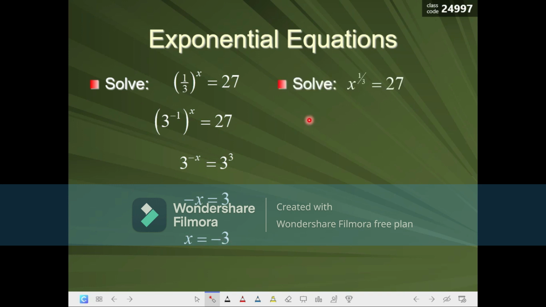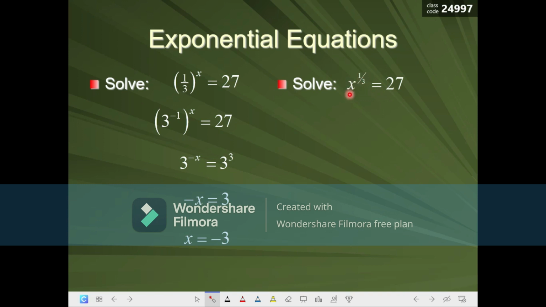Okay, let's continue. x to the power of 1/3 is equal to 27. Now, how about this one? What have you noticed with the expression? Okay, by the way, this is already not an example of exponential equations, because for it to be an exponential equation, the exponent should be a variable.